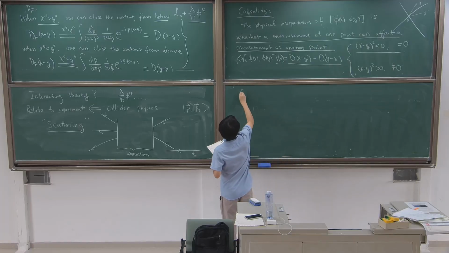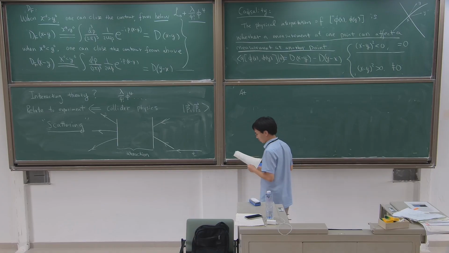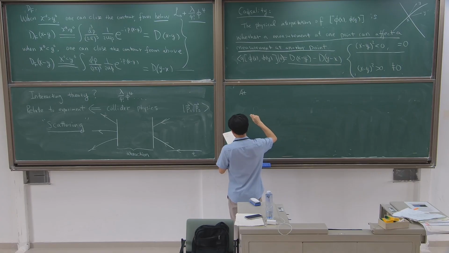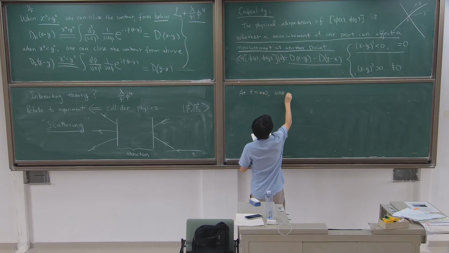So let me, since this is the important step to understand the symmetry, to understand the interactive theory, it makes sense here. At t equals plus minus infinity, one can ignore the interaction.